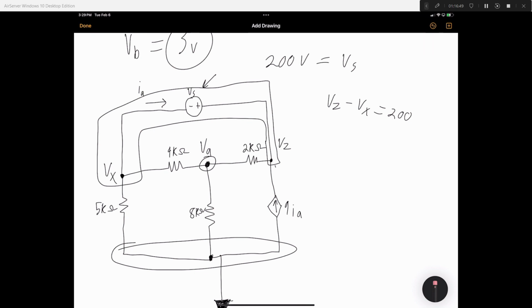So basically this algebraic expression here is equal to the supernode. A little later, figure more out.